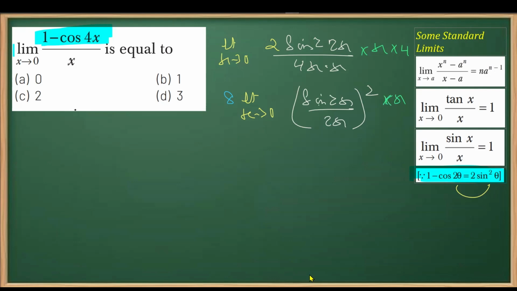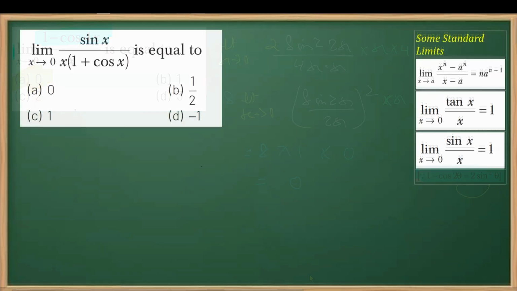Now this is 8, and applying the limit, using this, we are getting 1 here. This is 8 into 1, but then placing x over here is 0. But anyway, it's not in the 0 by 0 form. So it's 8 into 1 is 8, multiplied by 0 is 0. So therefore, A is the correct answer in this case, option A.